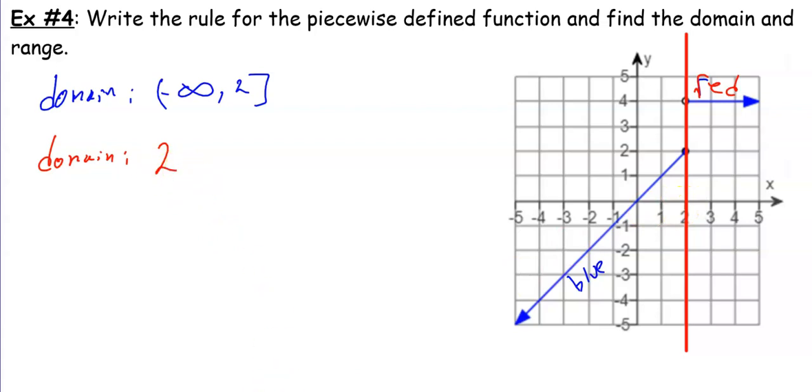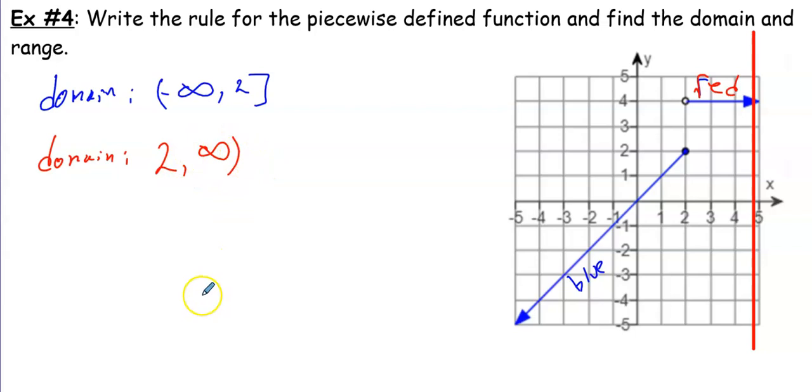So we start at 2, and it still exists as we go to the right, because the arrow means go to the right forever. Going to the right forever is positive infinity. I can never reach infinity. But the question becomes, where this graph starts, can I be 2? And that answer is no.